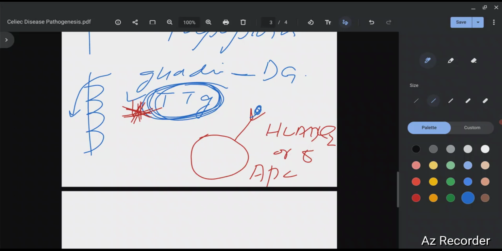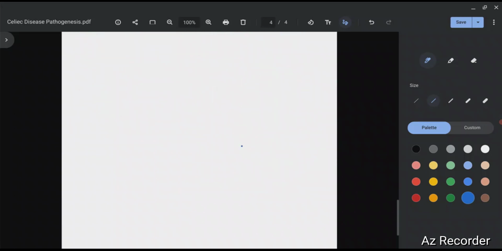Okay, this is very important. Now, what these antigen-presenting cells do, they present this deamidated gliadin with their HLA-DQ2 and HLA-DQ8 to helper T cells. Okay, to helper T cells. And what will happen now?